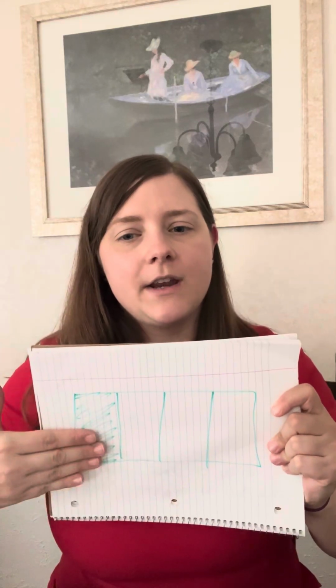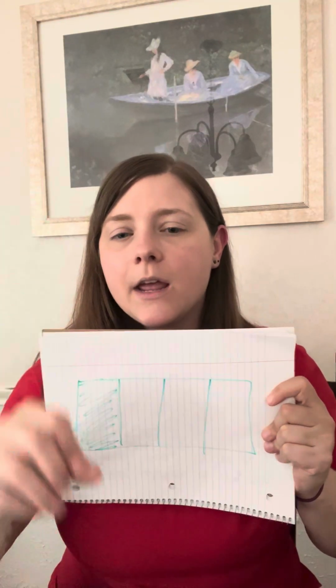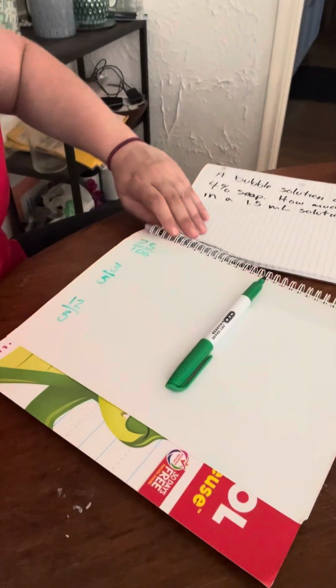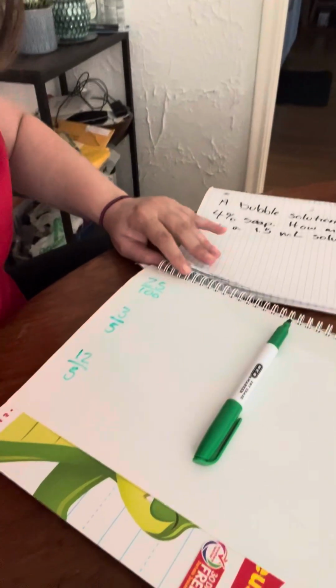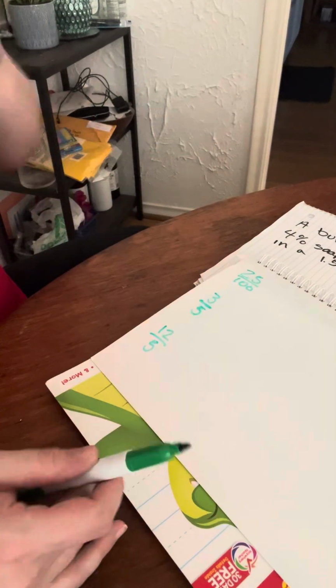So this one is just a part of the whole thing, and a whole thing, or one, is going to be 100%, right? Okay, so let's start with some examples, and we'll go from there.